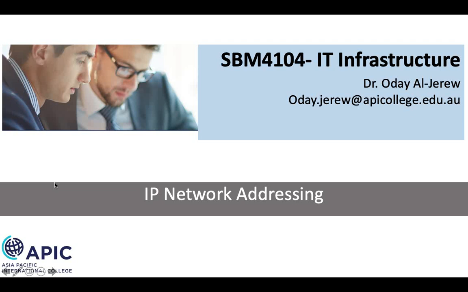Within the last 3 lectures, we went over the OSI model, the 7 layers. As an overview, we cover each layer's function and services. We start from layer number 1, the physical layer, then layer number 2, the data link layer, then we move to layer number 3, which is the network layer.